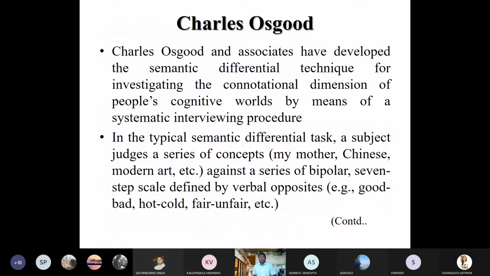Charles Osgood and his associates developed the semantic differential technique for investigating the connotational dimension of people's cognitive worlds by means of systematic interviewing procedures.